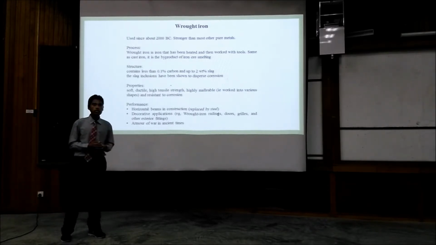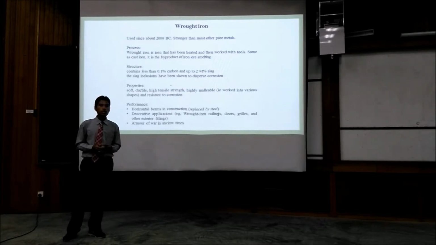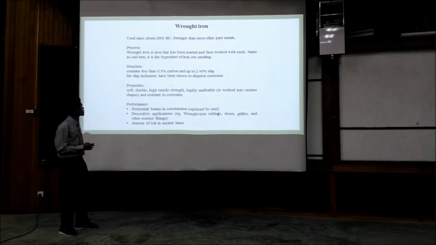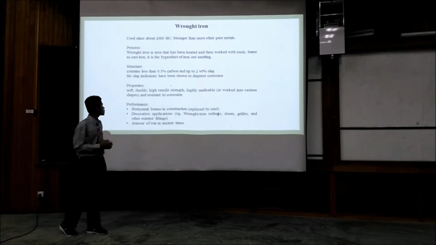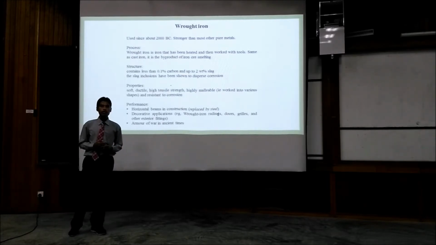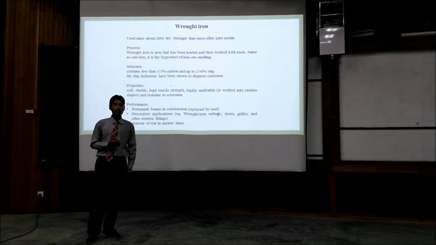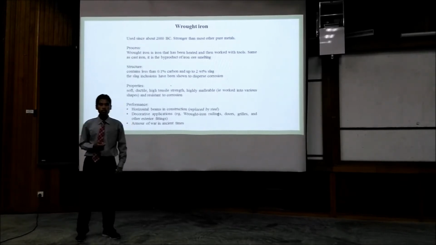And wrought iron contains up to 2% of slag inclusion. This slag inclusion helps the wrought iron to resist corrosion. Next are its properties. It is soft, ductile, has high tensile strength, is highly malleable, and resistant to corrosion.